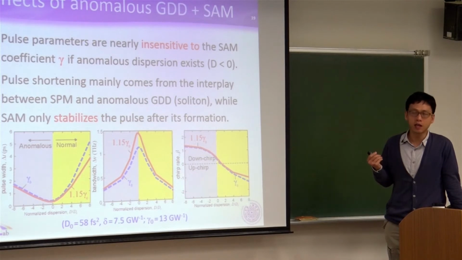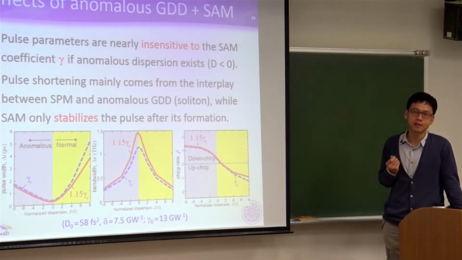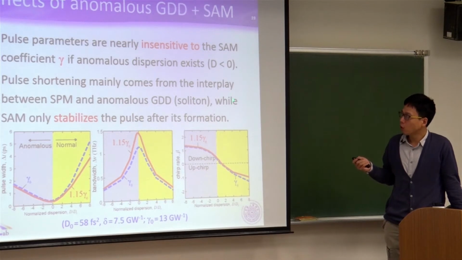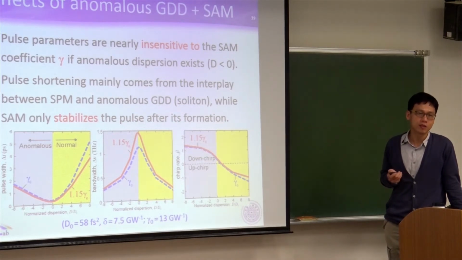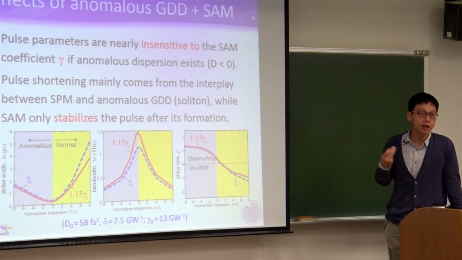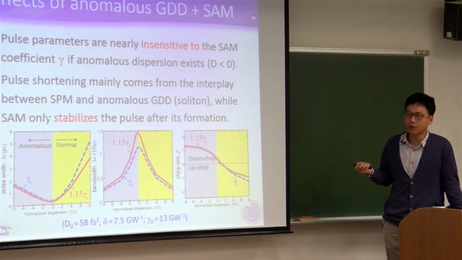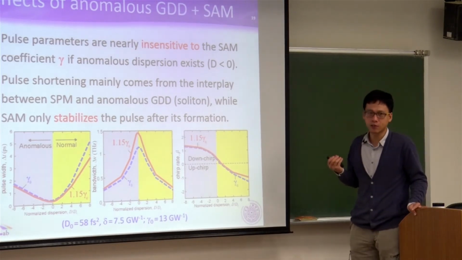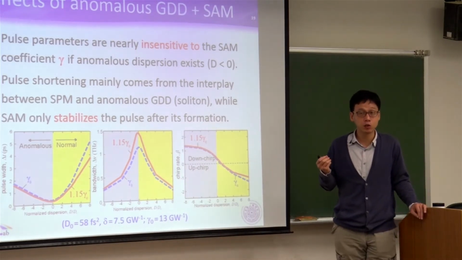You can regard the soliton effect as a force to create a short pulse and then maintain the short pulse. While the SAM only stabilizes the pulse after its formation. So the pulse is formed by the soliton effect, then stabilized by SAM. It still helps to stabilize the pulse against noise perturbation.